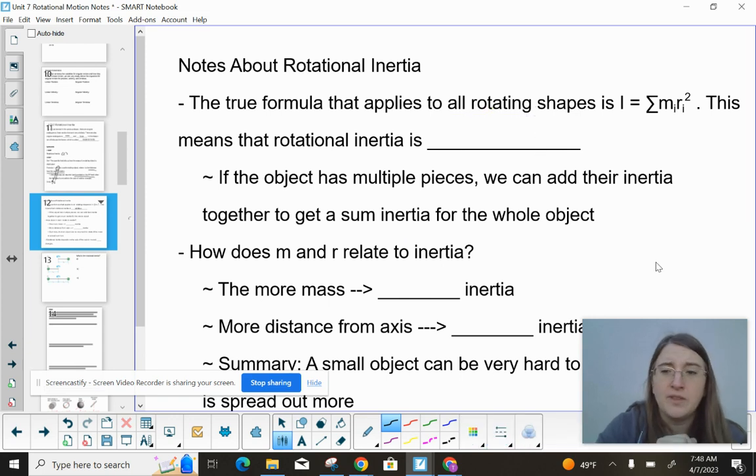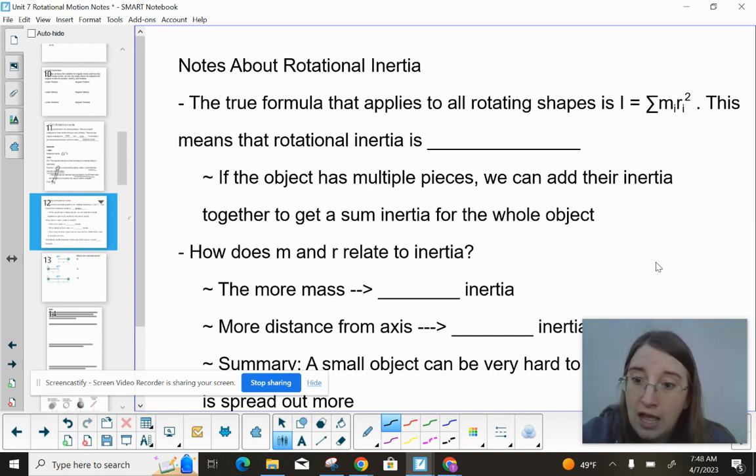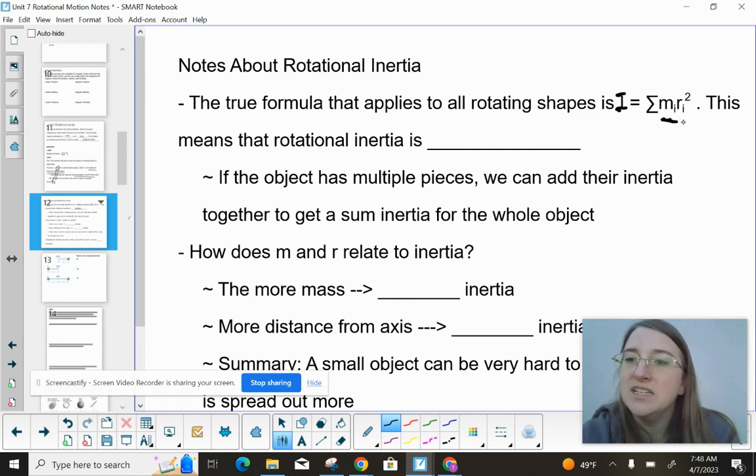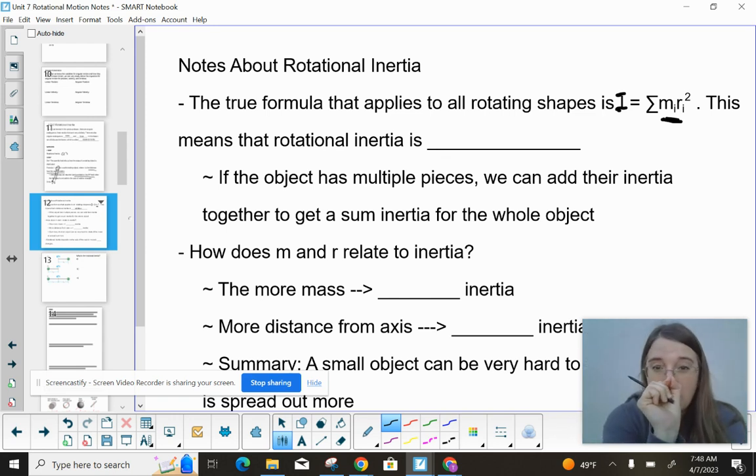Okay, just one last slide here. The true formula is I equals, and sorry guys, I got too lazy. I was going to make this I a better looking I. Whenever you see that in your notes, it's I. I will clarify that, it looks like L. Anyway, the true formula that applies to all rotating shapes is that rotational inertia equals the sum of all the individual, itty bitty, insignificantly small masses and how far away they are from the center.